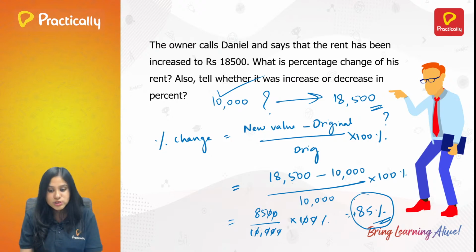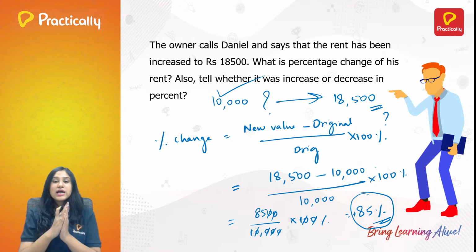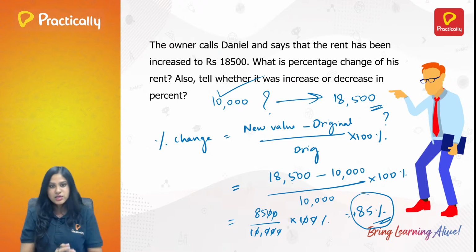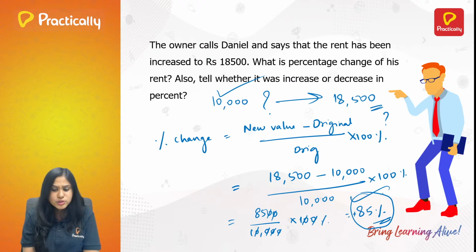If it is in positive values, it means that there is a percentage increase. Super simple, right? We got it in positive. That means that it is positive 85%. That is, there is increase of 85% of rent.